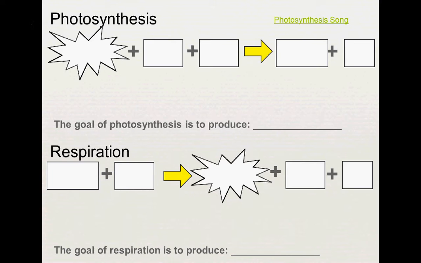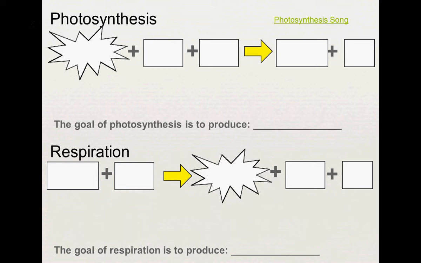And so what we're going to be doing today is learning about what we call the equation for photosynthesis and respiration. When we talk about chemical reactions, which we will be talking a lot about in our next unit, what you have are certain materials that are interacting with each other and being transformed into new materials, and that's what chemistry is, changes in matter because of the rearranging and reconfiguration of atoms and molecules.